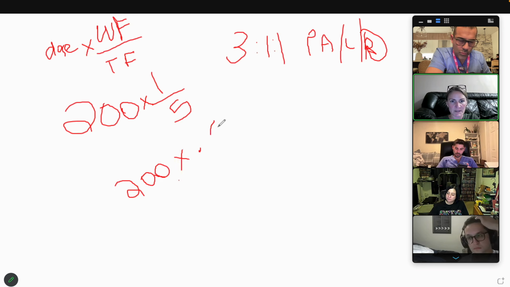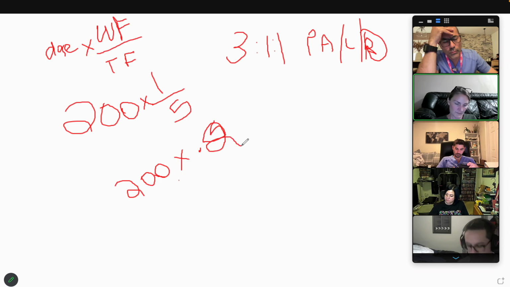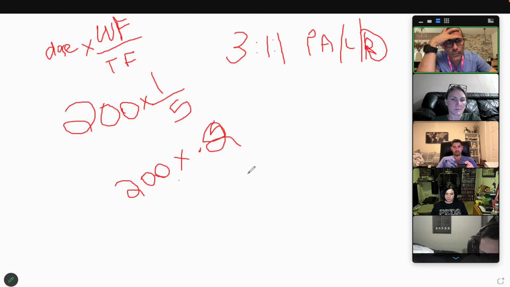So 200 times 0.2 is 40. So my right lateral is getting 40. What's my left lateral getting? 40.